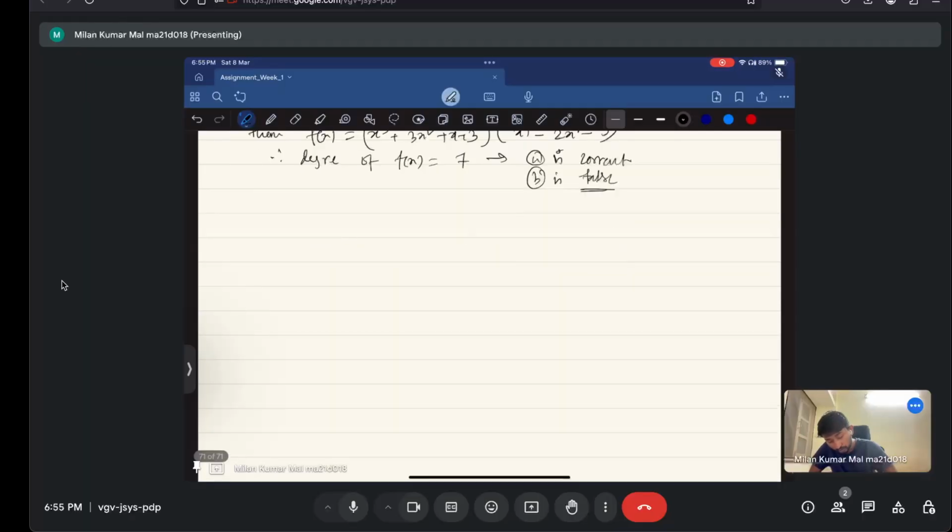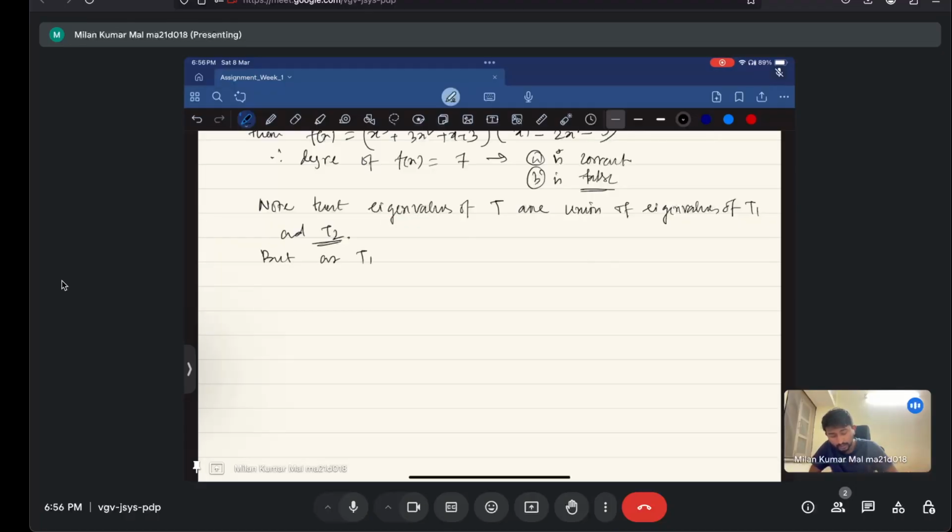Okay, note that eigenvalues of T are the union of eigenvalues of T1 and T2, but T1 and T2 do not have eigenvalue 0.